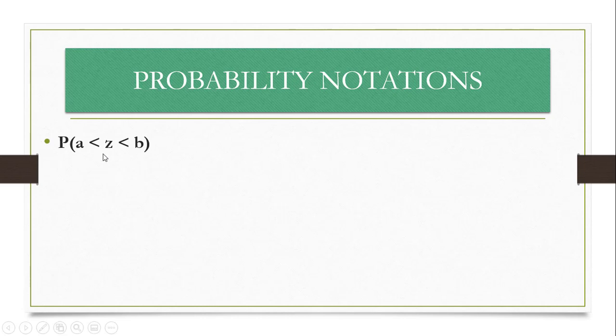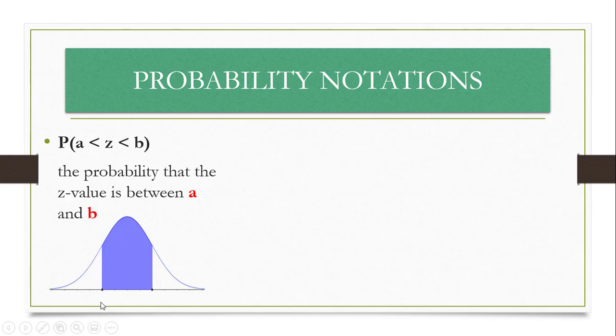Probability of Z is greater than A but less than B, which means the probability that the Z value is between A and B. It looks like this in our normal curve: from this point, Z equals A, to this point, Z equals B. We are looking for the area between A and B, where A and B are specific values of Z.